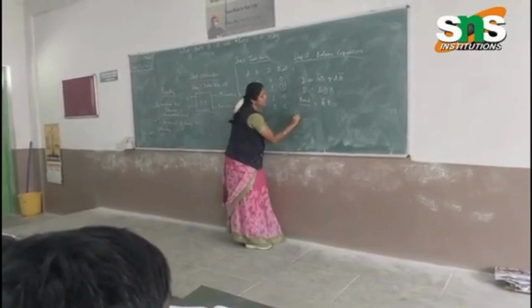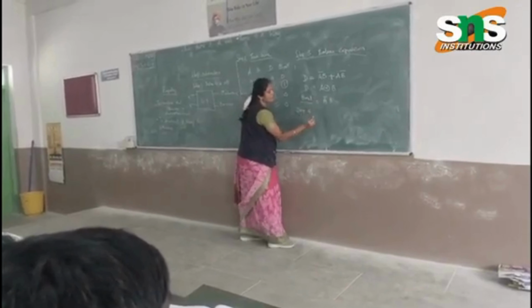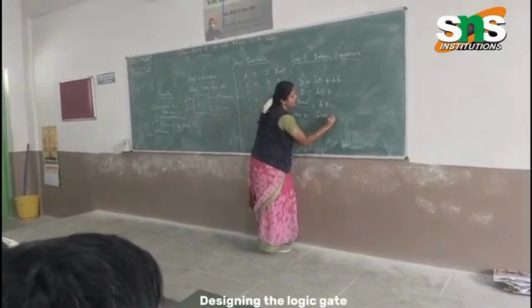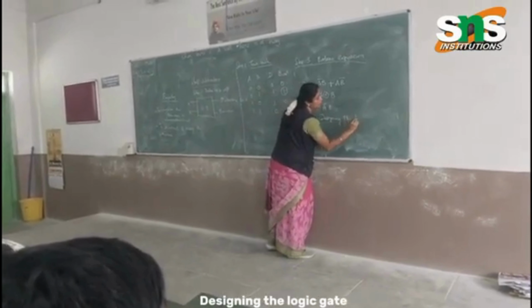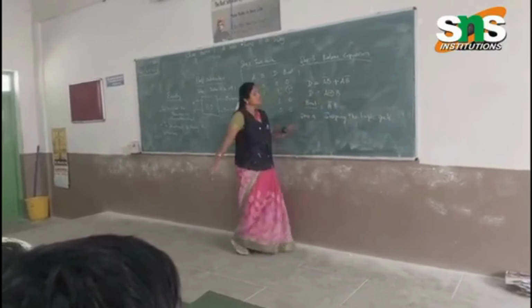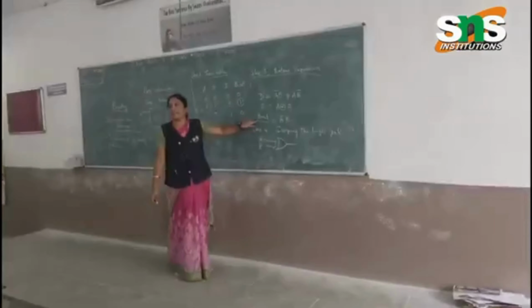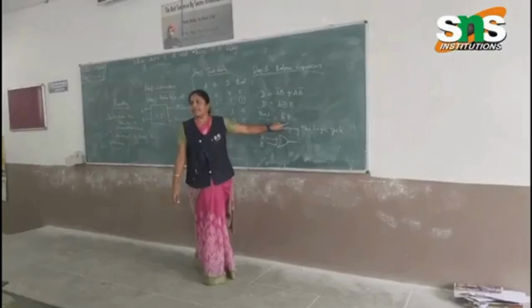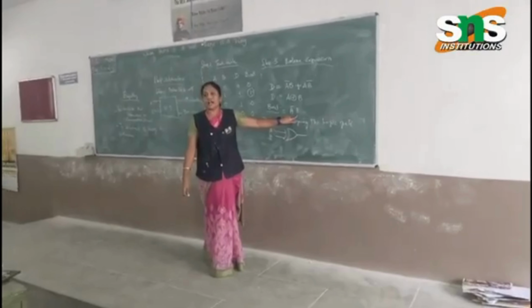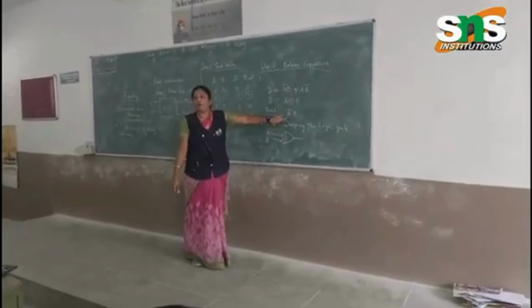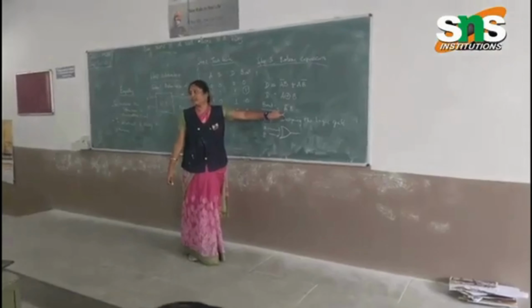So what is the last step? The last step is designing the logic gate. For the difference, we use the XOR gate, A XOR B. For borrow out, what is the output? A bar into B. For A bar into B, we can use an AND gate. But A is in complement form, so we have to use a NOT gate.